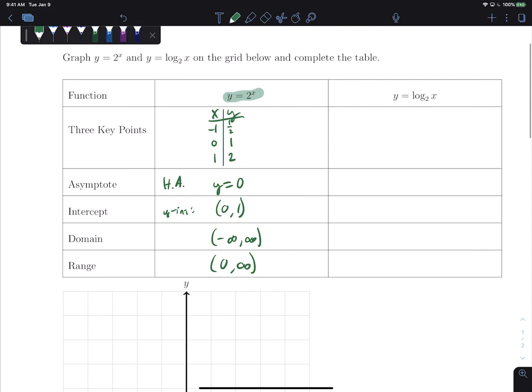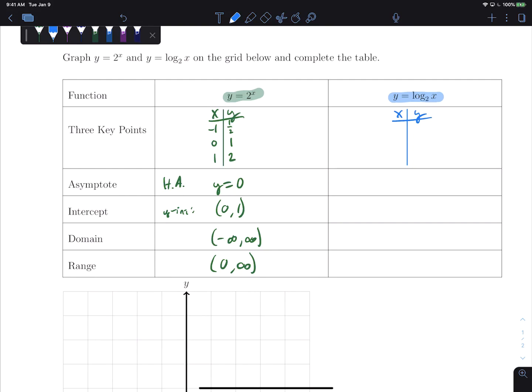What I'm going to do now is look at y equals log base 2 of x, which I'm going to do in blue. Now, because the logarithm is the inverse of the exponential function, the 3 key points are flipped. The x's from the previous one are the new y's, and the y's from the previous one are the new x's.